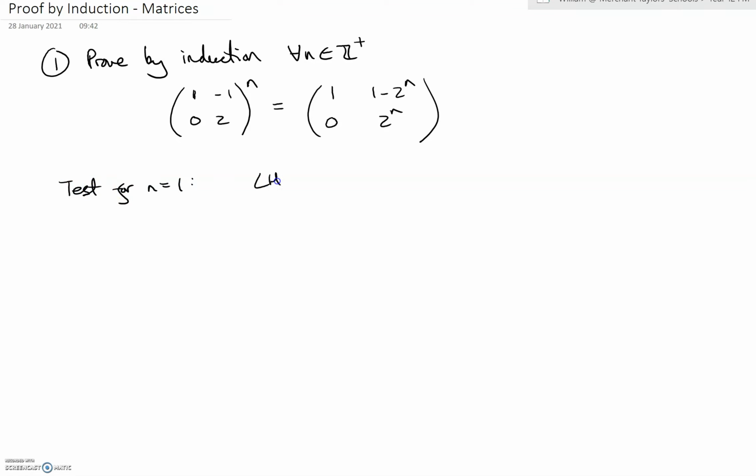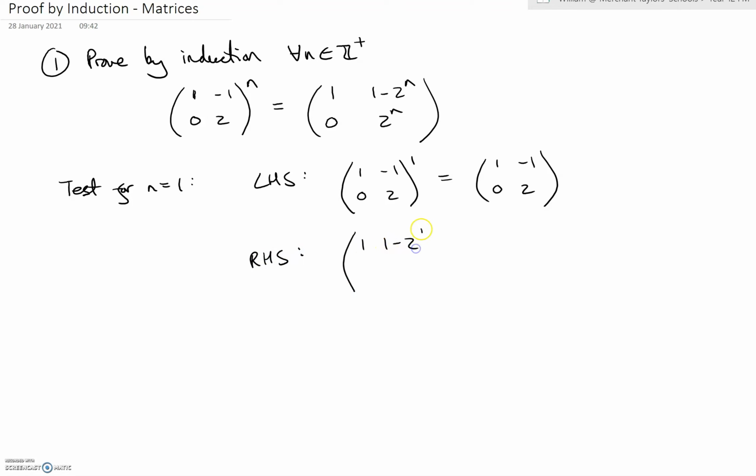So we're going to look at the left hand side where n is 1, which is this, which is just simply the same, because power of 1 is just the matrix itself. And if we look at the right hand side, if we put 1 in for n, we get this, so we'll get 1.